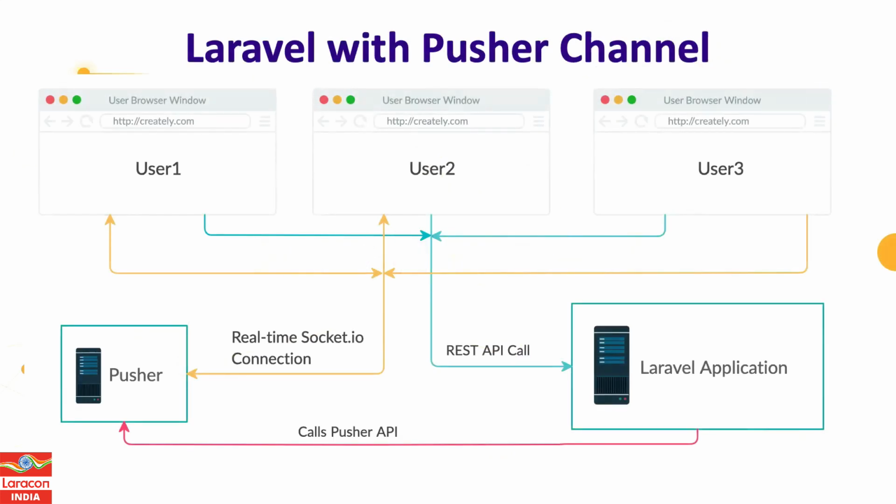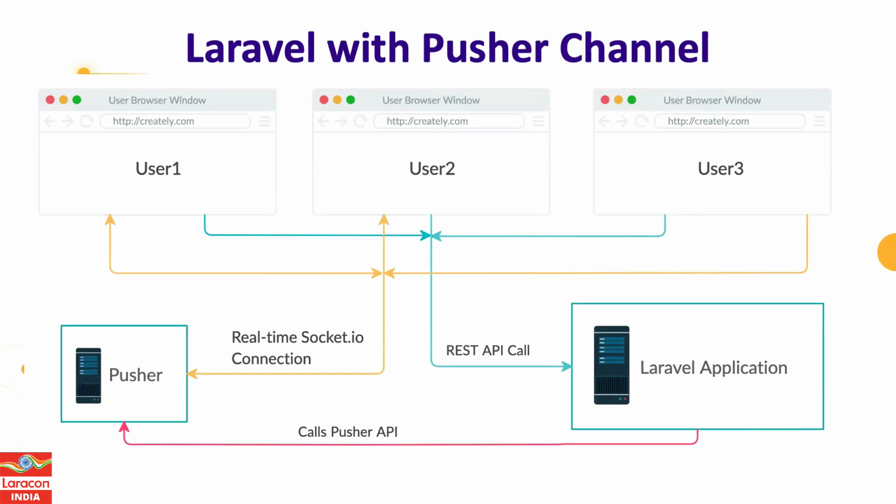So how does this actually work? Imagine we have three users, user 1, user 2, and user 3. We have a Laravel application and a Pusher service. Either user 1, user 2, or user 3 calls the API of our Laravel application. The Laravel application then calls the API of Pusher.